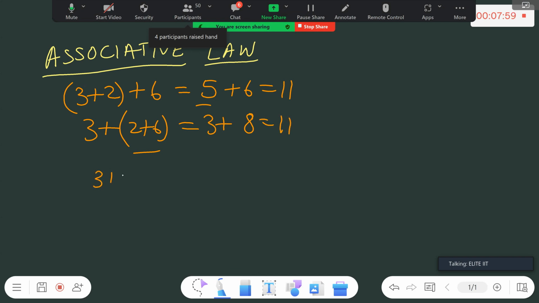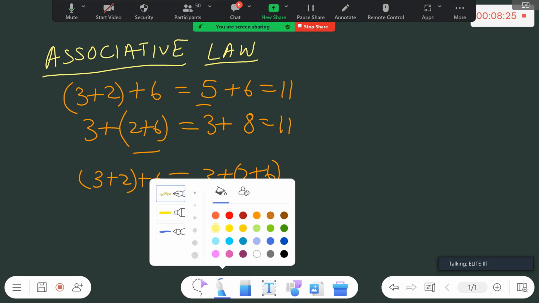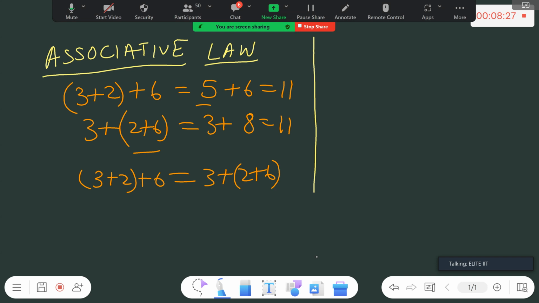That means I can write (3 plus 2) plus 6 as 3 plus (2 plus 6). So associative law means it does not matter which addition you do first, which two numbers you take first. Addition is always associative. The answer will be the same. Okay? And in case of multiplication, what will be the case?